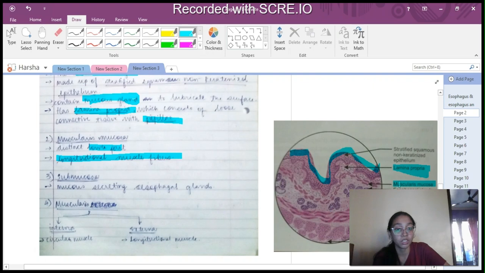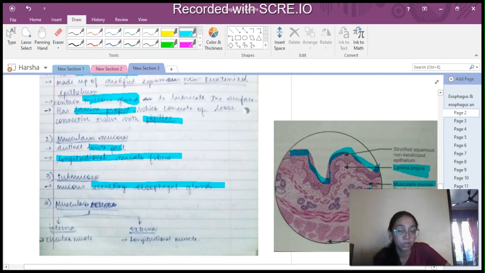Then below it is the submucosa. It is important to note that all the esophageal glands are present in the submucosa layer. Along with that, in the submucosa region, mucus-secreting esophageal glands are present.